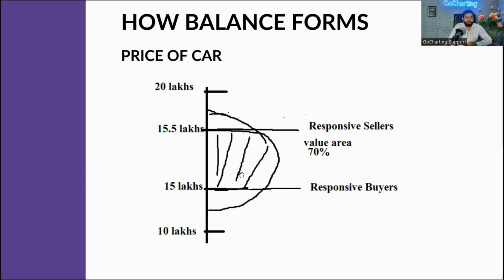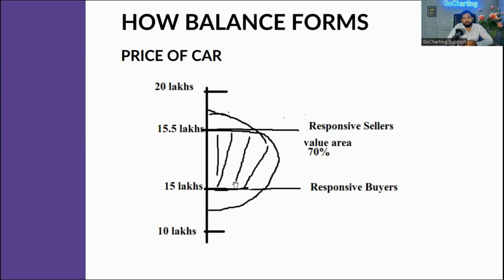Okay. So, for example, if everybody thinks that the price of this car can be between 15 lakh and 15.5 lakh, and if you're getting that car in that price range, then you will be happy. Okay, so for example, let's take the example of an old car. Suppose you are going to buy a second hand car and you're not sure what its exact price is.